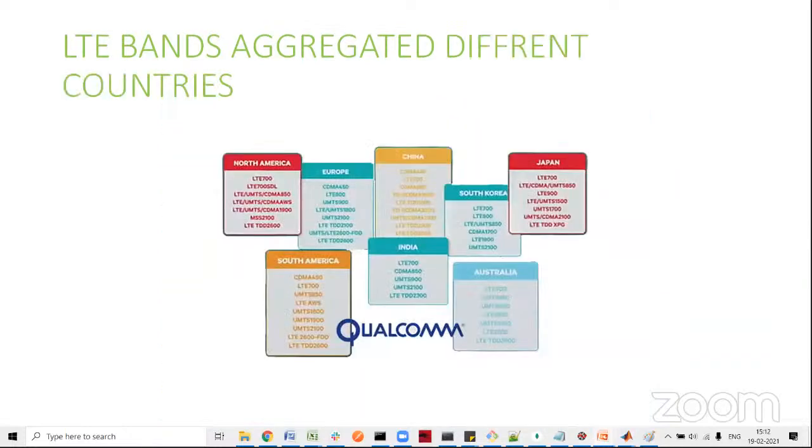This is the allocation done for each country. It's not allocated by Qualcomm. Qualcomm is only the definer; you know about Qualcomm, I think. Qualcomm is the manufacturer of mobile phone processors, for 4G, 3G, whatever is coming. They are the definers.